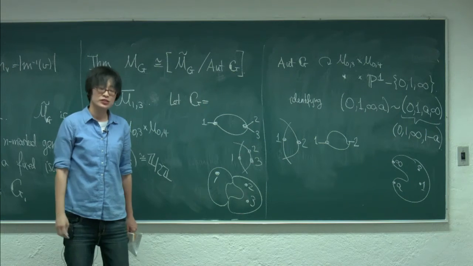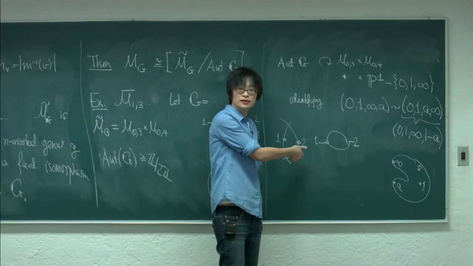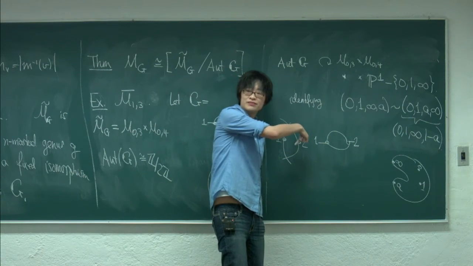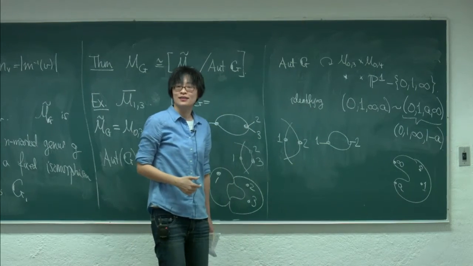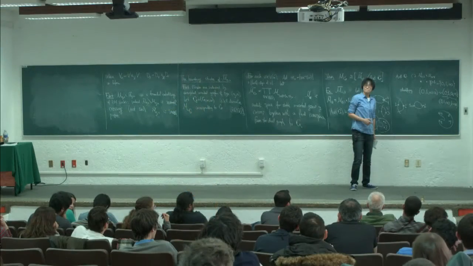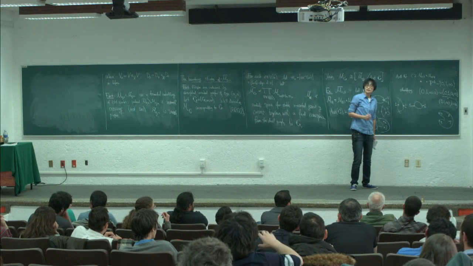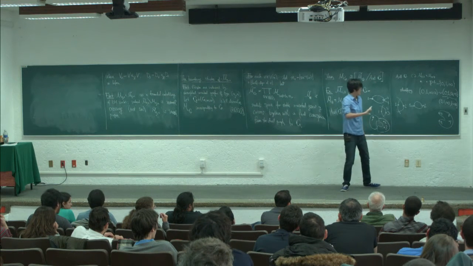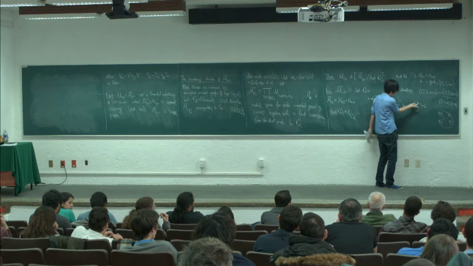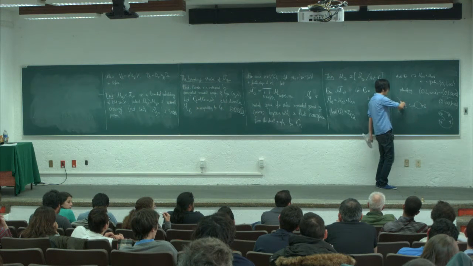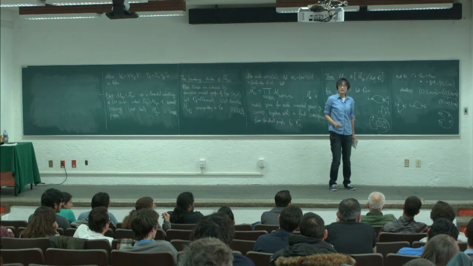So there's no automorphism switching the 1 and 2. Oh, are you concerned about the other automorphism? The one switching the edges on the graph. Oh, sorry, yeah. So you're talking about this automorphism, which identifies these 2 points like that, right? Yeah, that's trivial action.